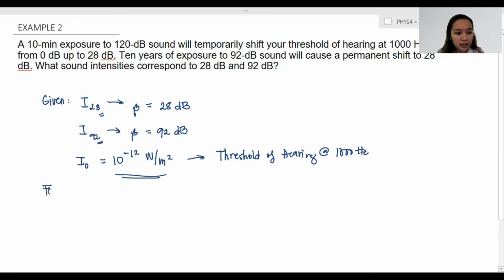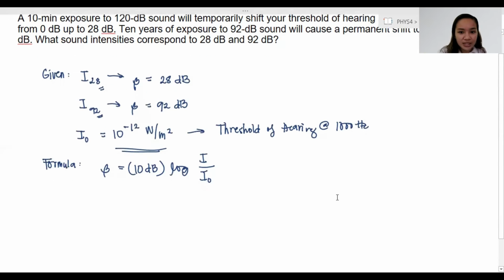Now the formula that we are going to use is the general formula for beta. That's beta equals 10 decibels, okay, and then we have here log of I over I sub naught.